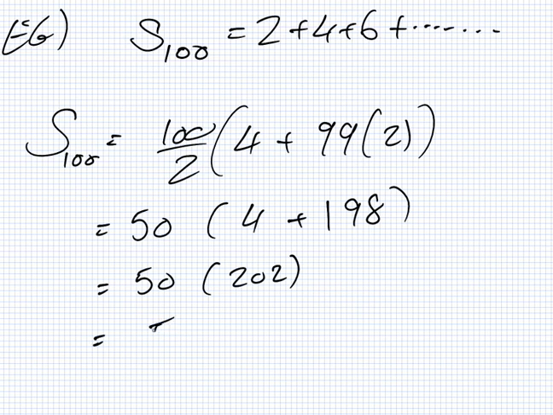That would be 5 times 2020, which would be 10,100. Great. So this formula lets you add many numbers together quickly.